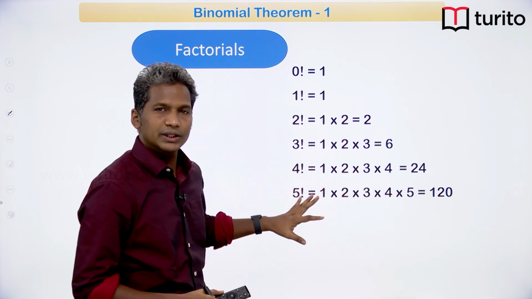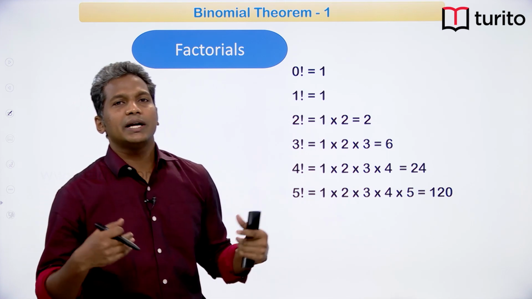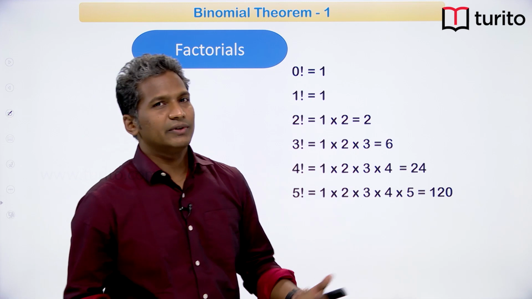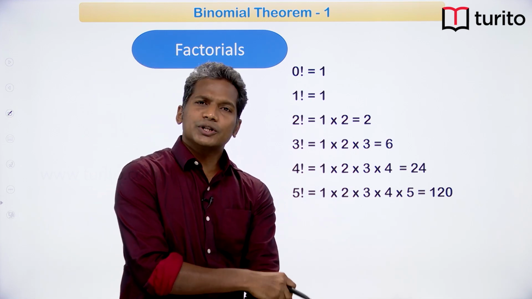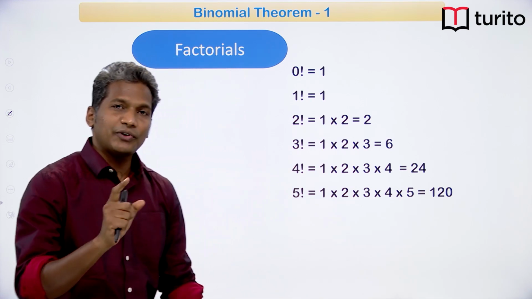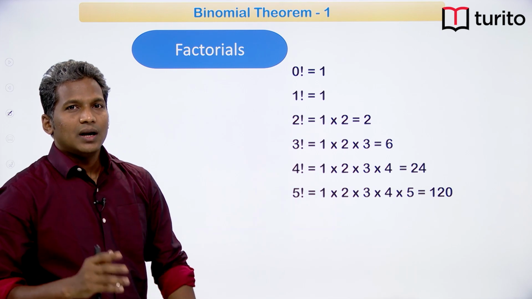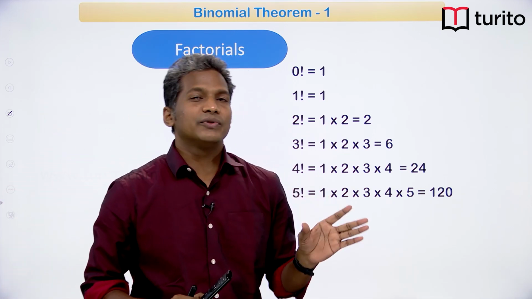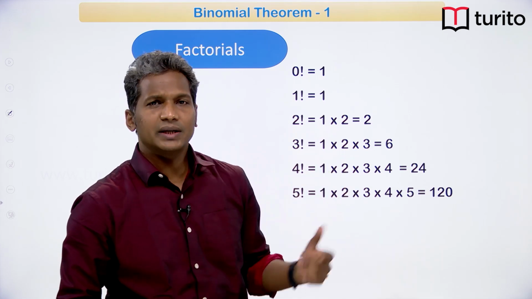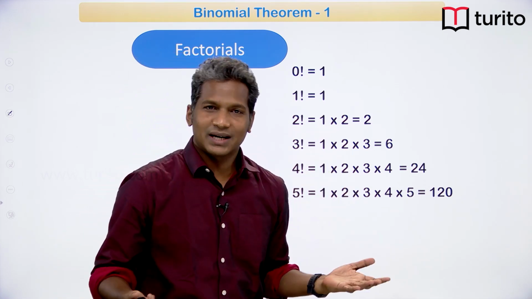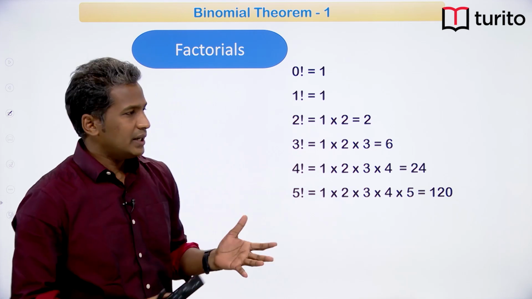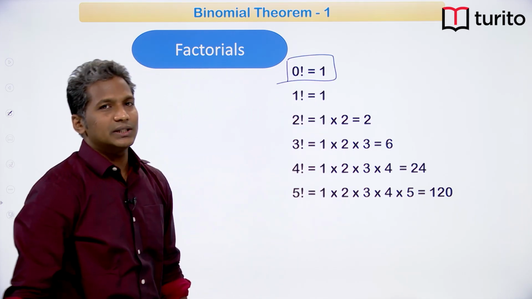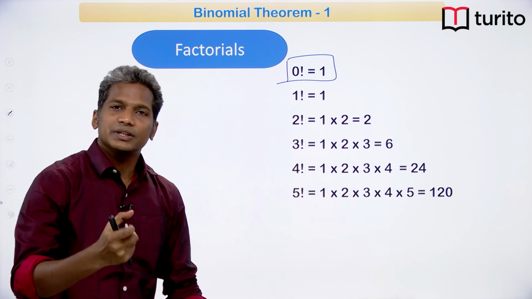Similarly, we can also write 5 factorial, 6 factorial and so on till n factorial. And also, 0 factorial is 1. Do not get into the proof of this because the proof is of higher standard mathematics. You will not be able to understand that at this level, but we can remember that 0 factorial is always 1 for calculation purpose.